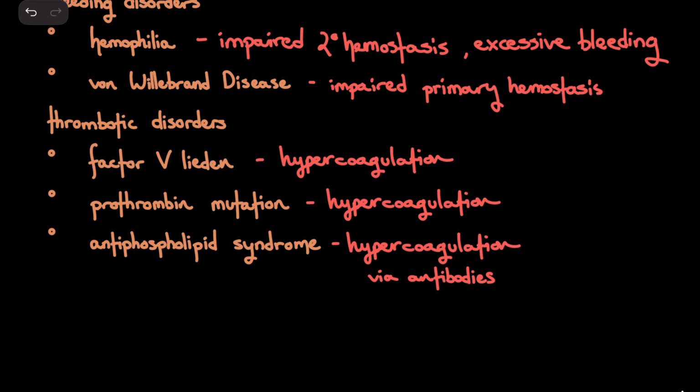And another cool one, antiphospholipid syndrome. This is also hypercoagulation related, but it's antibody mediated. So you see how I tied it back to immunity? I'm just awesome like that. So that antiphospholipid, for whatever reason, it's actually an autoimmune issue.